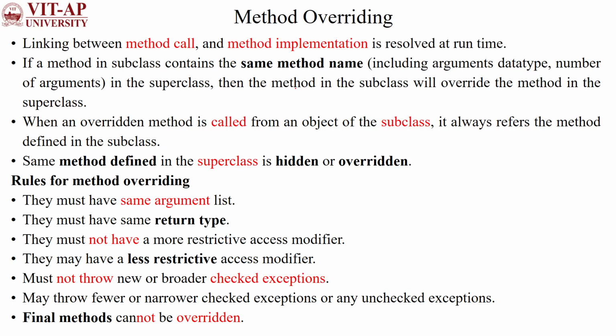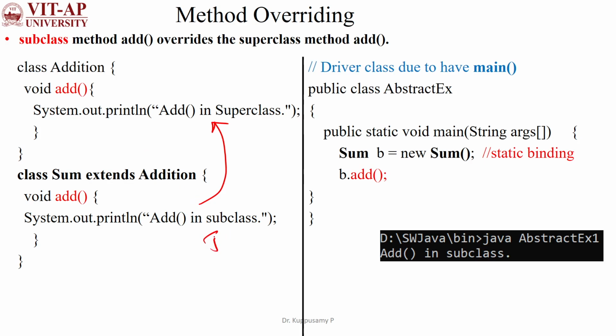So when the subclass method is overriding the method in the superclass, this is taking charge, and the parent method will be hidden behind the child class method. So we get the output as the statement available inside the child class method.